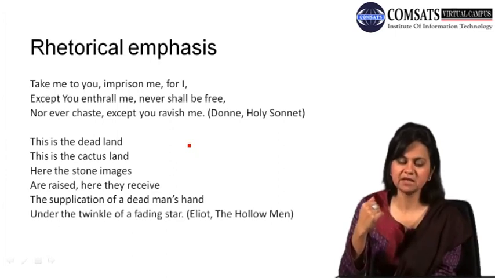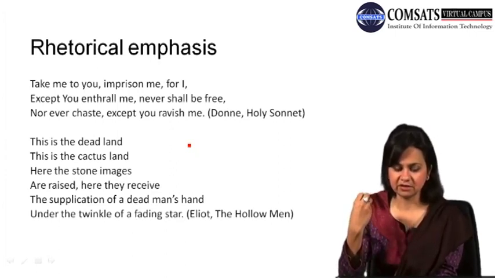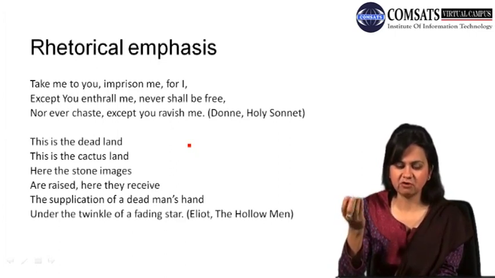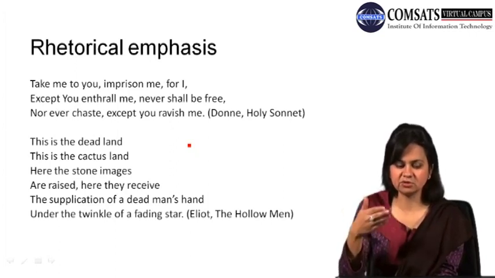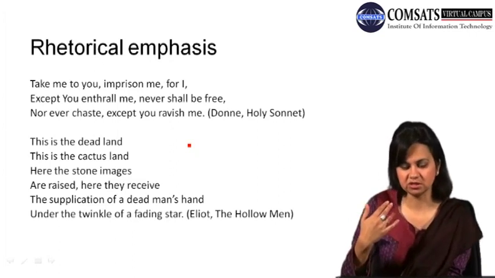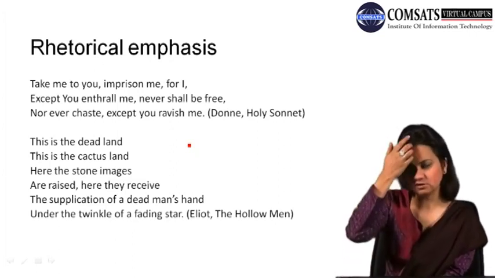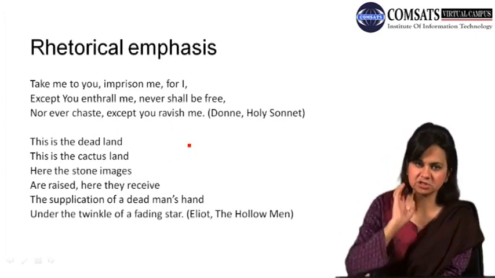Then the rhyme too, that is free and for, and also enthrall, this never, nor ever chaste except you ravish me. Then the balance of the structure that matches with the first one, take me to you, imprison me for I, nor ever chaste except you ravish me, is what the third line matches with at the level of syntax and the structure.